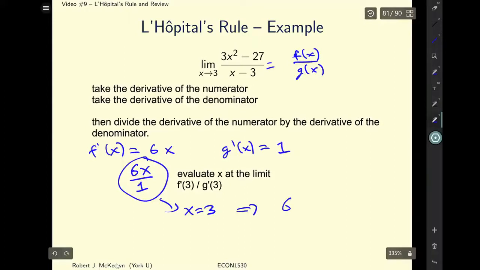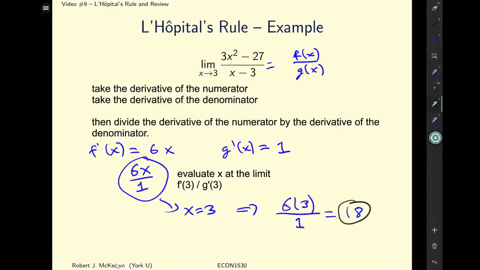And I'm going to have 6 times 3 over 1, because 1 is just 1. No matter what value x takes on, 1 remains 1. And so we get 18. And 18 is the same answer that we had doing it the old method, where we rearranged, canceled out factors, and simplified it so that we could find the answer.